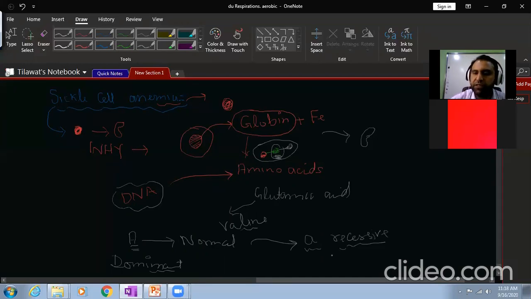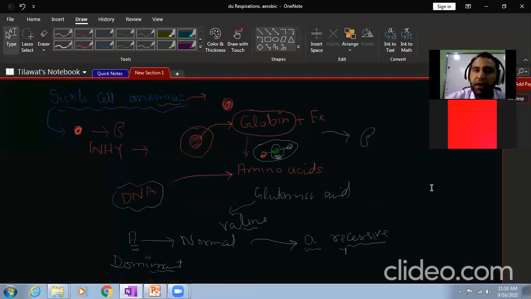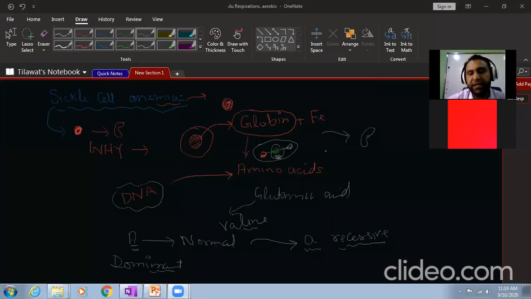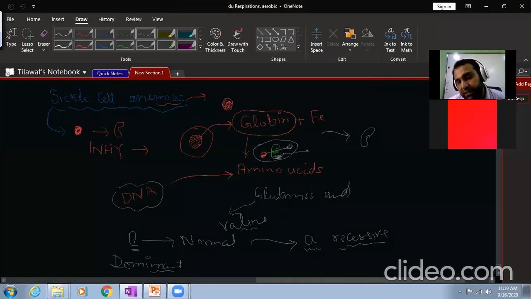Is it okay up to here? I hope this is clear. Right? Let me explain once again. As I'm telling you, this is the normal sequence of that globin protein, for example, this is that amino acid sequence. Instead of one amino acid, the actual amino acid is replaced by another amino acid. The actual one was glutamic acid, but in that change, another amino acid comes.